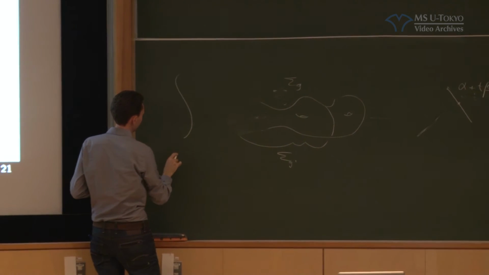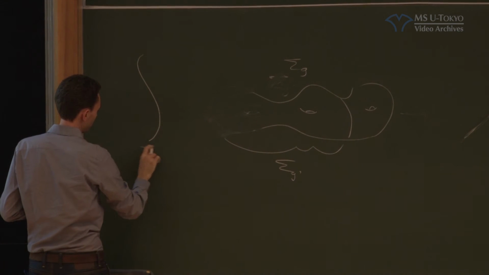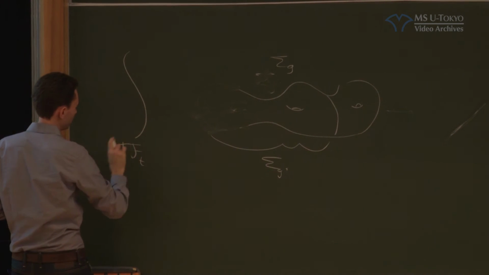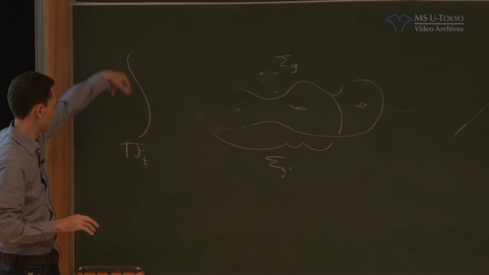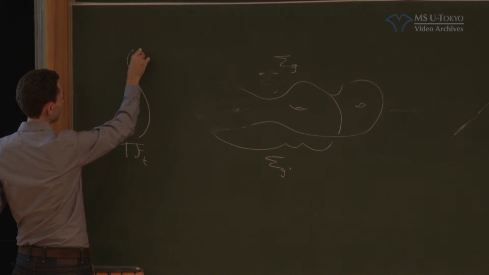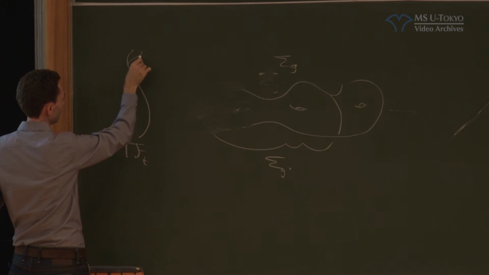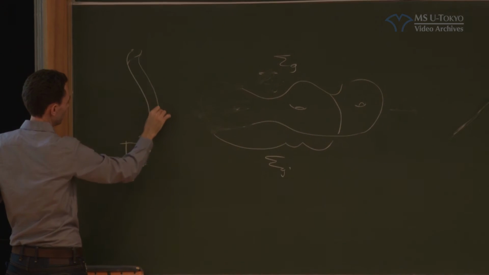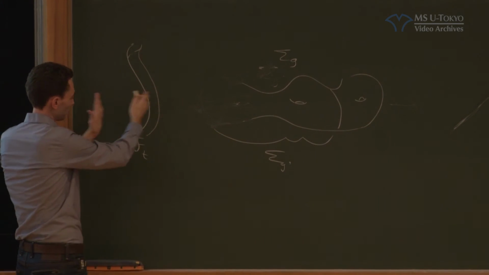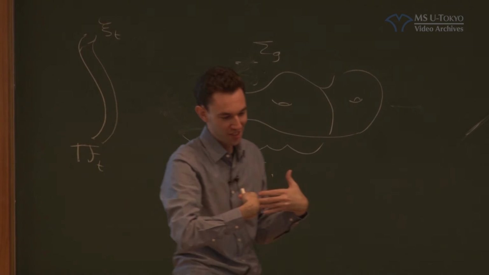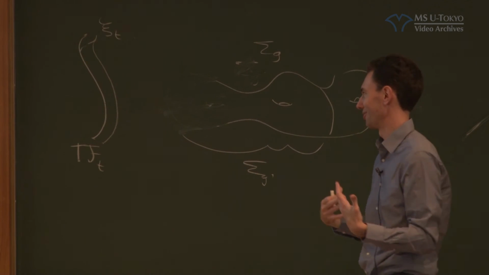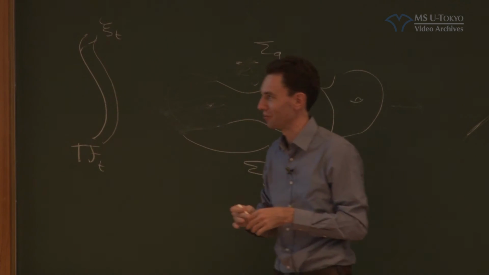If I started with my path of foliations or the tangent distributions, what I'm saying is if you have no closed leaves and no holonomy along the whole way, you can bit by bit, a bit like this and then a bit more, using, say, a partition of unity, perturb the whole thing to a path of contact structures, or you can have a bigger parameter space, it doesn't matter.